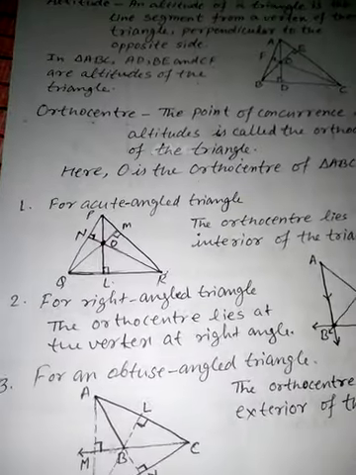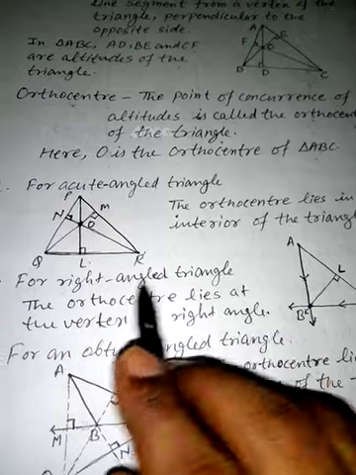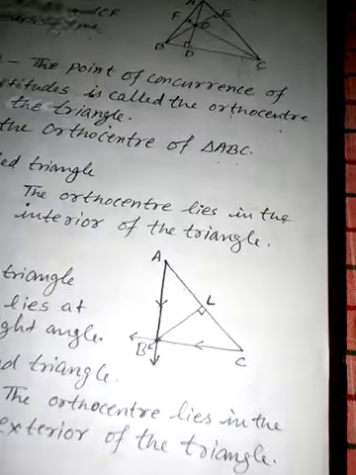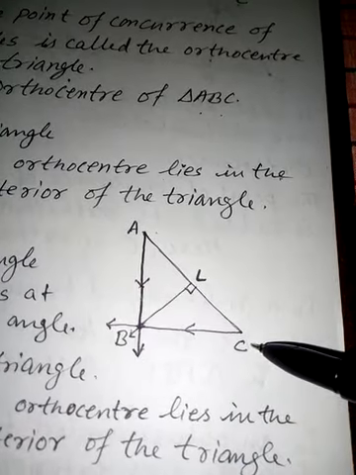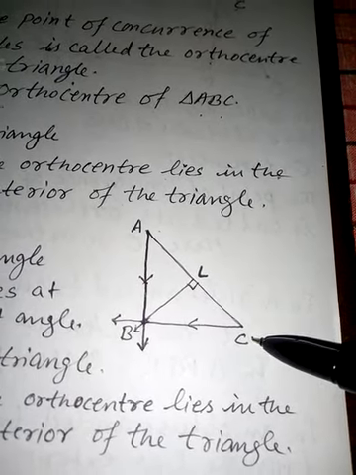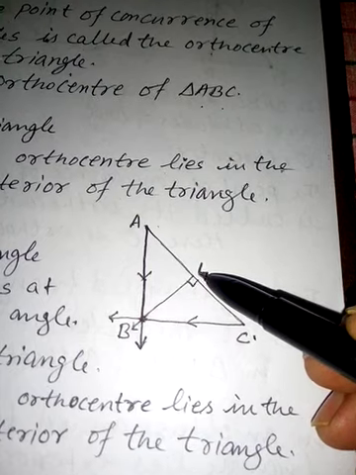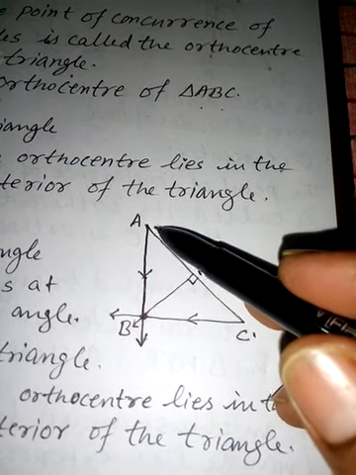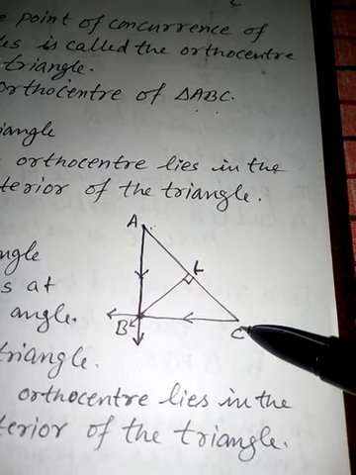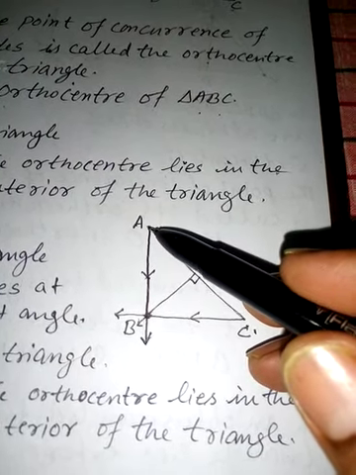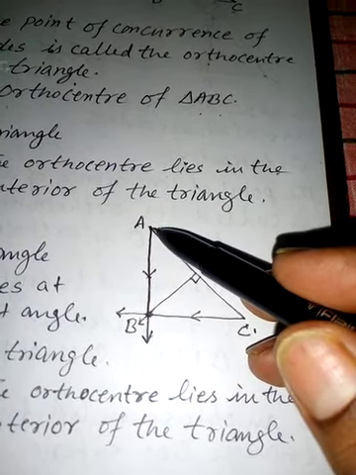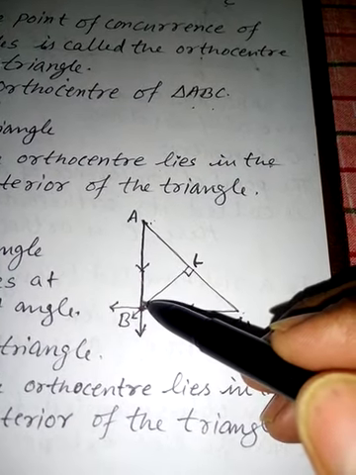Now for right angled triangle, you can see here ABC is a right angle triangle and BL is an altitude to the opposite side AC. But now we are going to draw an altitude from the vertex A to the opposite side BC.